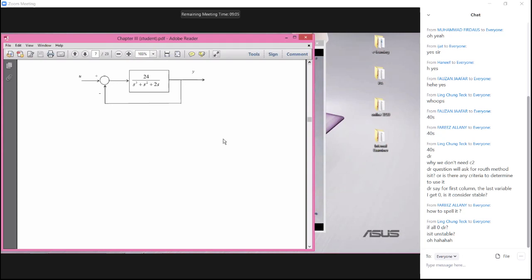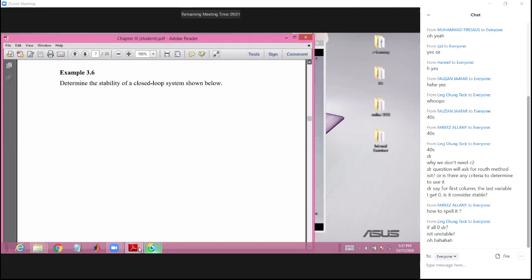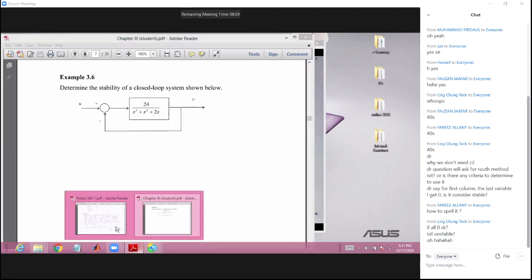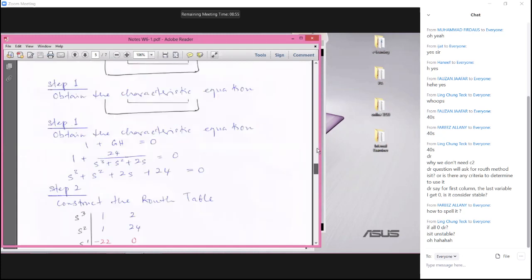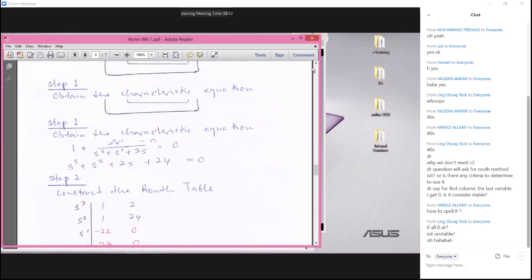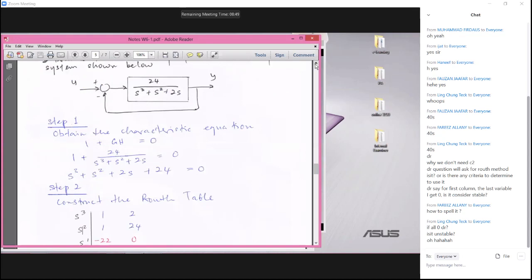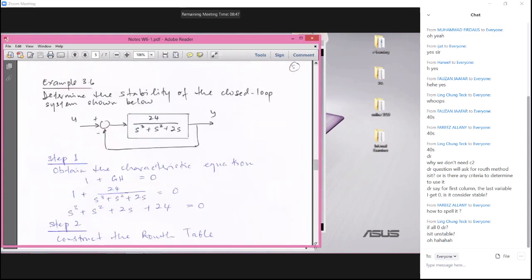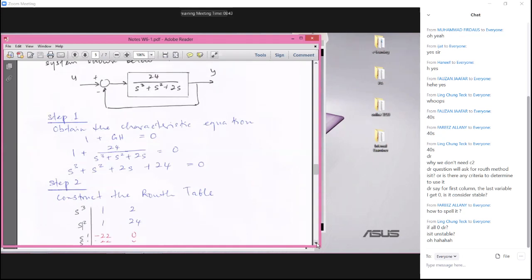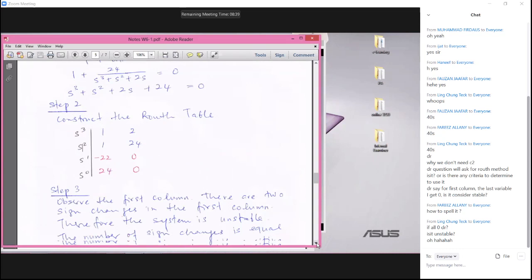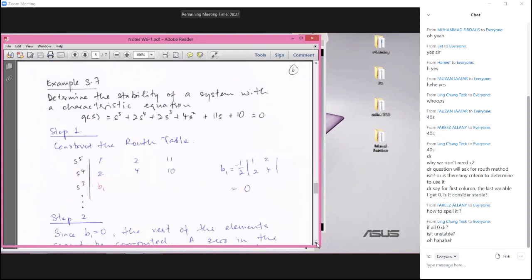This is 3.6. We are done with 3.6, right? Okay, 3.7.